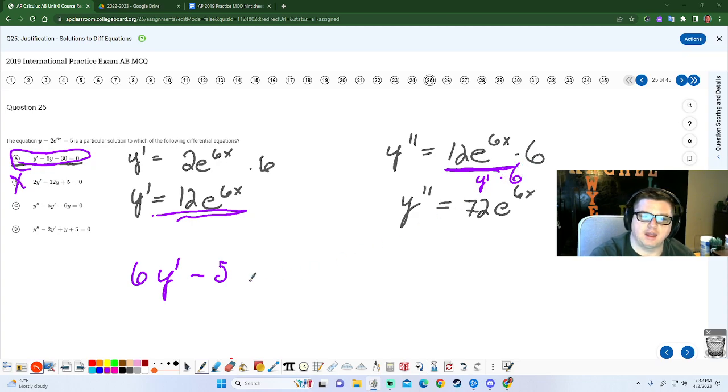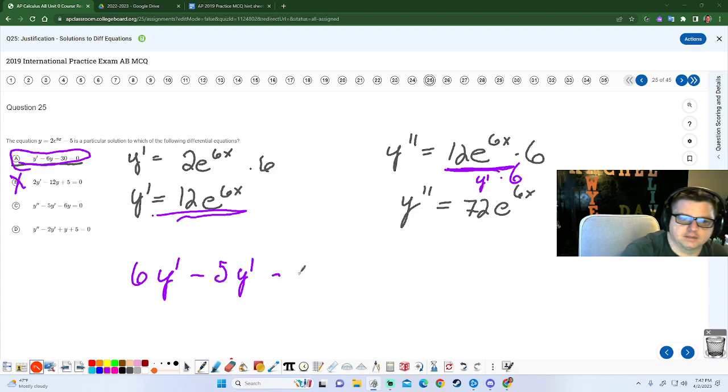So if we do that, and then we do 5y prime, we can see right off there that it's not going to cancel each other out. Minus 6y, which doesn't even compute to those because there's only a 2 in front of this and there needs to be a 12 for them to cancel out. So at least you're getting there.